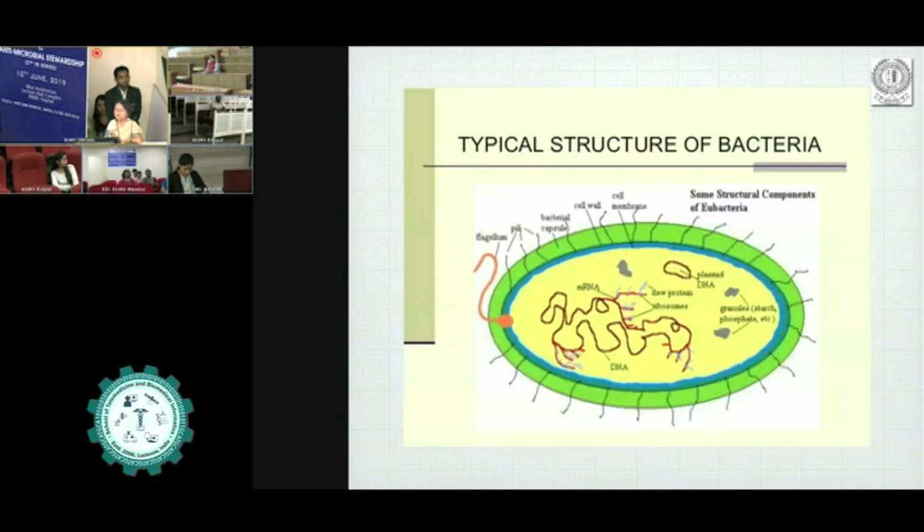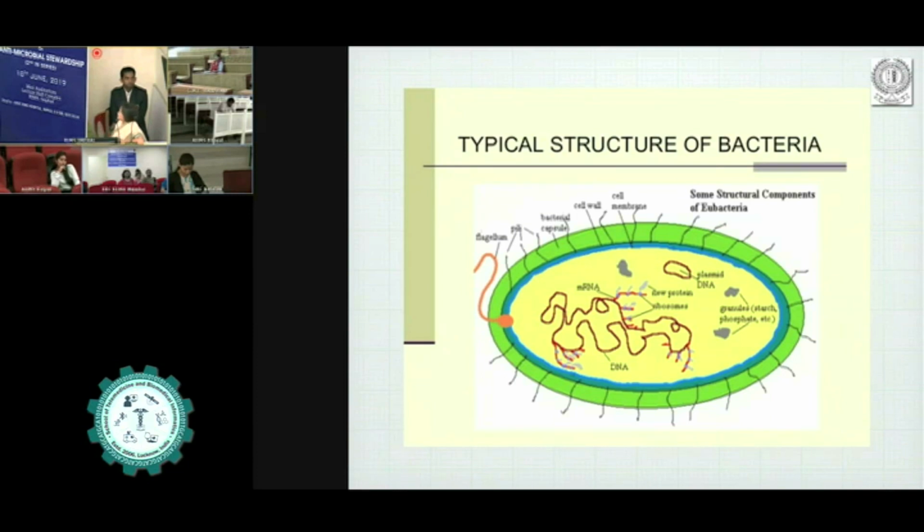So the typical structure of a bacteria: this is not a eukaryote, it's a prokaryote, and so it has a cell envelope. This is the cell wall, and this cell wall is responsible for maintaining the rigidity and the shape of the bacteria.